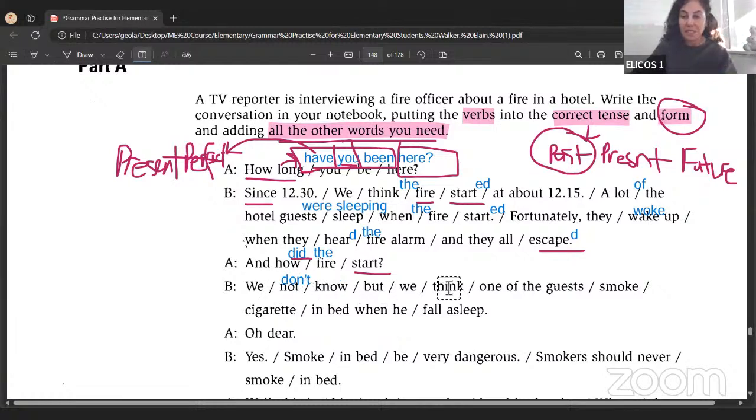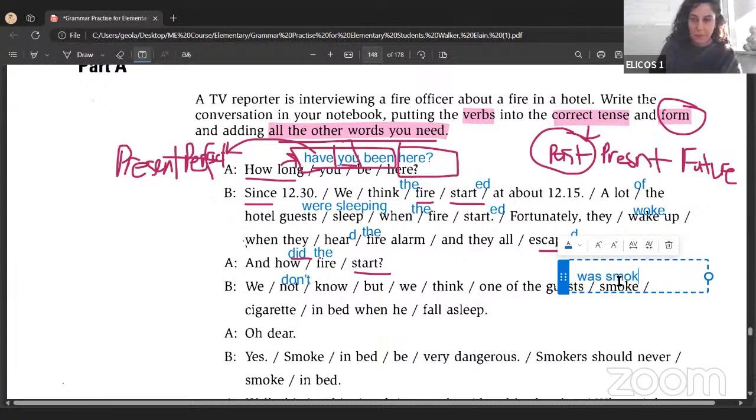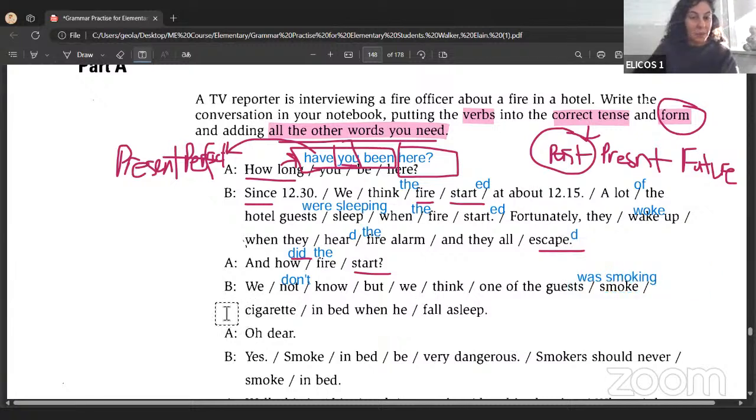We don't know, but we think one of the guests was smoking, or you could say smoked, a cigarette in bed when he fell asleep. Yeah, so one of the guests, again, it's continuous. So he was smoking. And then we've got a noun. Remember, we can't just put a noun by itself. A cigarette, because it's in general. It's not specifically saying this cigarette. I mean, he doesn't have the cigarette, so he's just saying a cigarette in general.